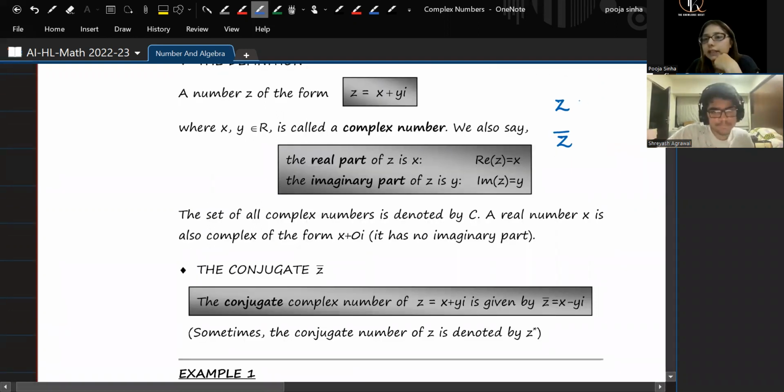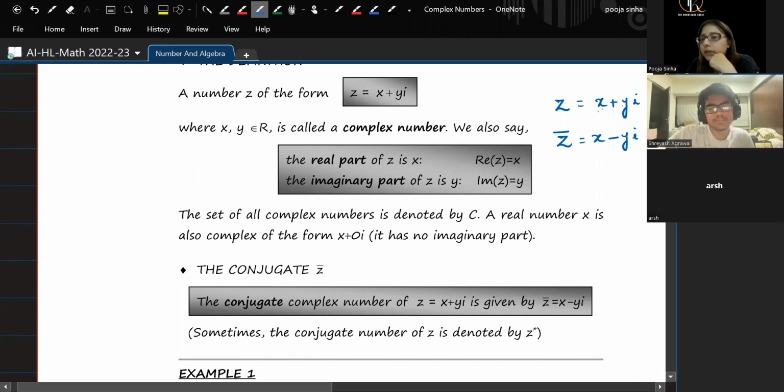If Z is X plus Yi, where X is the real part and Y is the imaginary part, then the conjugate would become X minus Yi. Did you understand this? So what is the conjugate of X plus iy? It's X minus iy, or yi, it's the same thing.